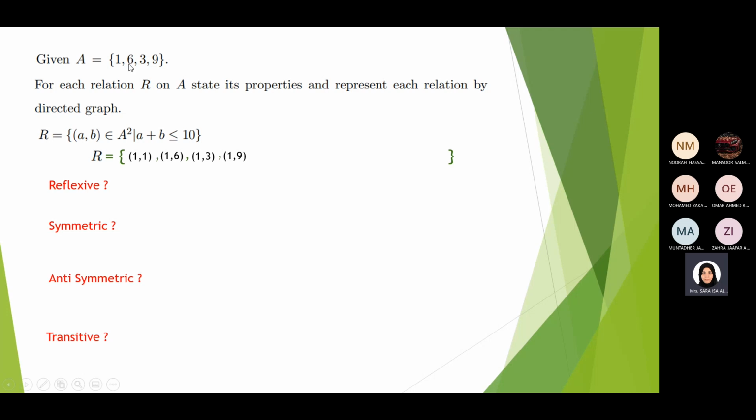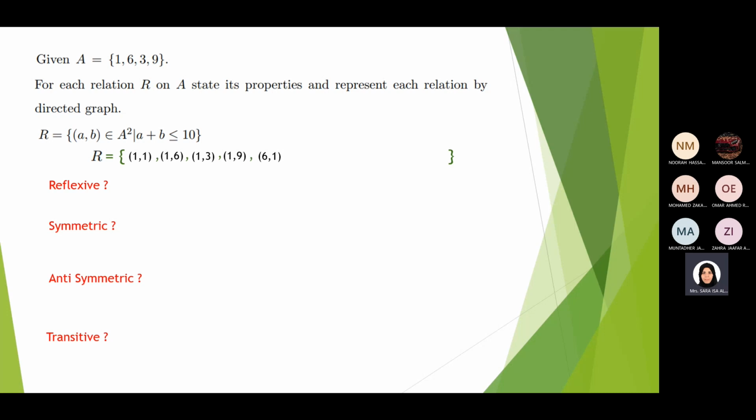I will start now with the second element, 6. 6 1 is included. 6 plus 1 is 7, less than 10, so 6 1 will be included in my R. Then I check 6 6. Is 6 plus 6 less than or equal to 10? No, it's 12. 12 is greater than 10.